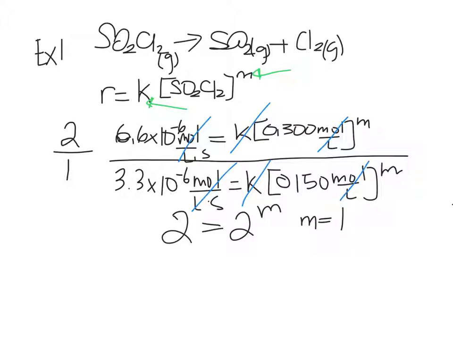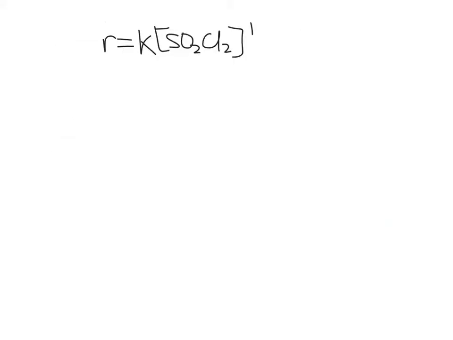So now we have to figure out our K value. So now we know what our exponent M is. What we're going to do is we're going to isolate and solve for K. Now we can use any of the reactions in order to solve for this.